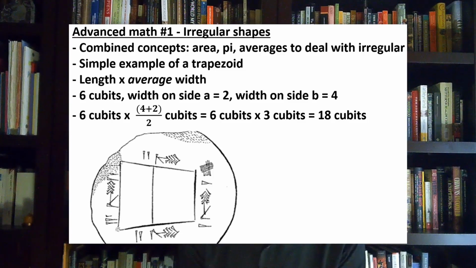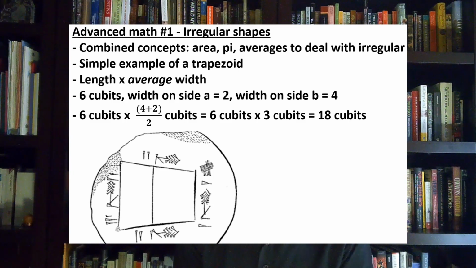So to give you calculations, let's say it's 6 cubits wide, and it's 4 cubits on one side and 2 cubits on the other, and the side that's 6 cubits was the same on both. Then you take the average, so the 2 cubits and the 4 cubits, that average is 3 cubits.